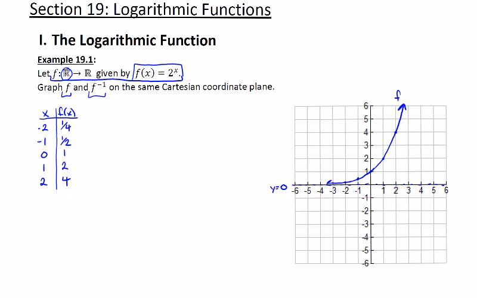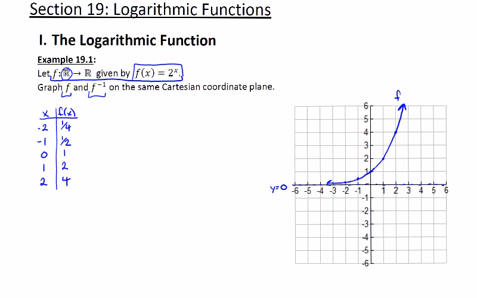Now for f inverse, we had looked at this in section 17, talking about the one-to-one and inverse functions. This function f that we just graphed would definitely qualify as being a one-to-one function. It passes both the vertical and horizontal line test. So there is no problem with us creating an inverse.